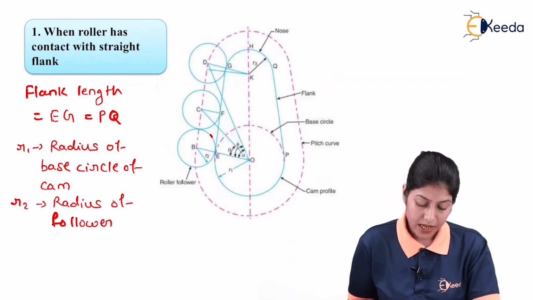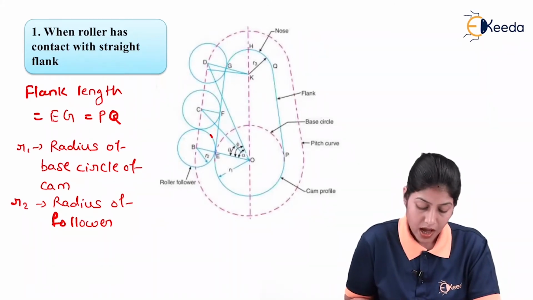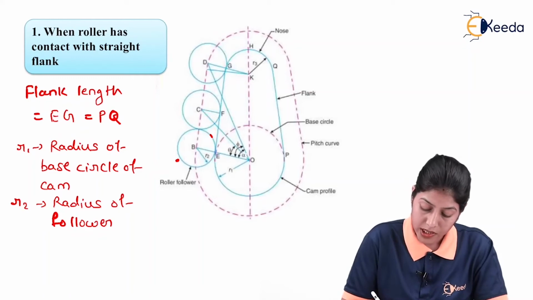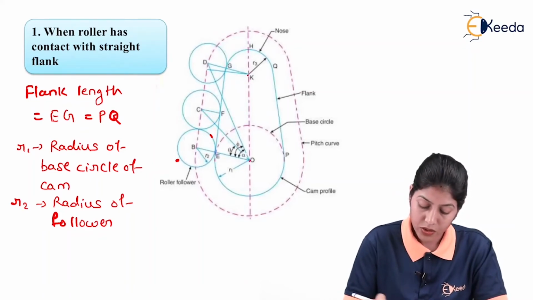Flank length we are defining as EG and PQ, and O is the center of the base circle and K is the center of this particular nose circle.